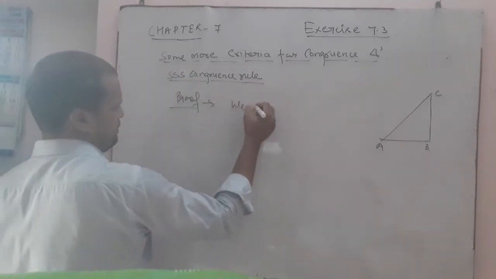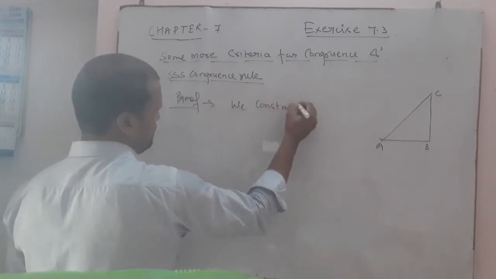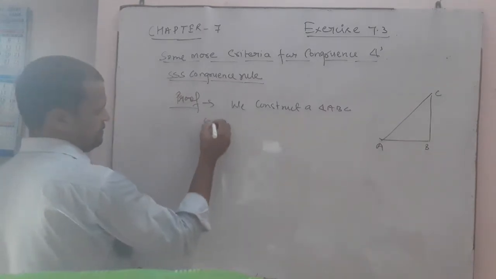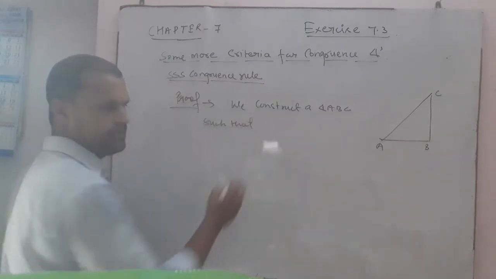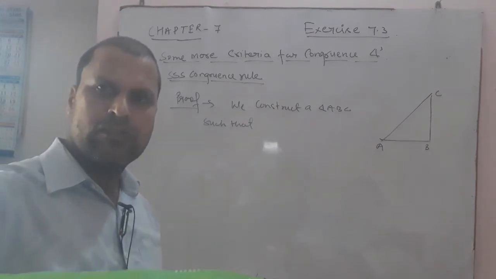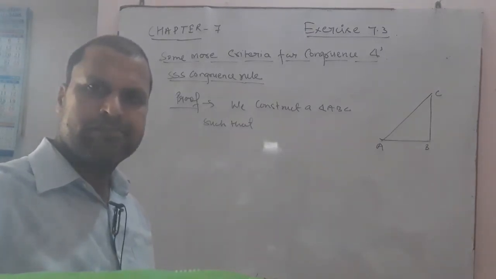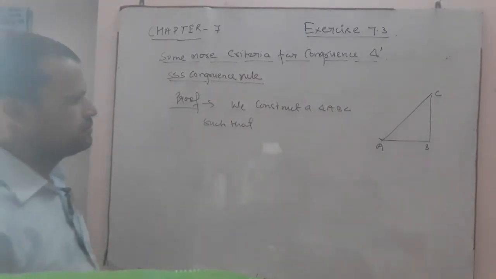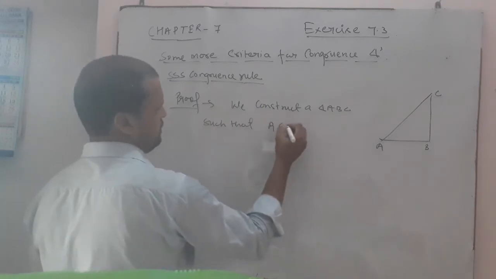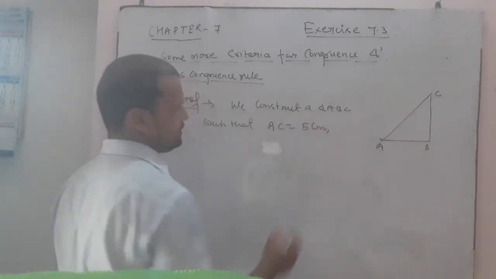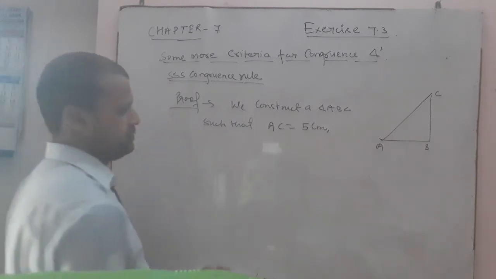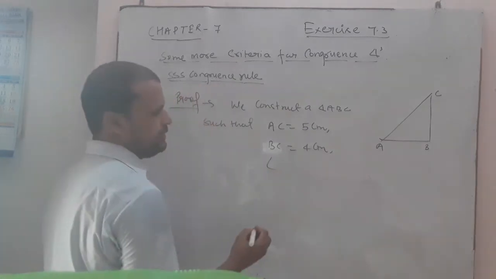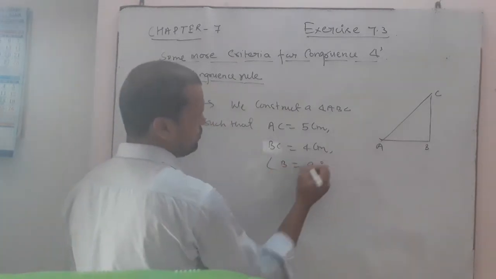We construct triangle ABC such that AC equal to 5 centimeter, BC equal to 4 centimeter and angle B equal to 90 degrees.